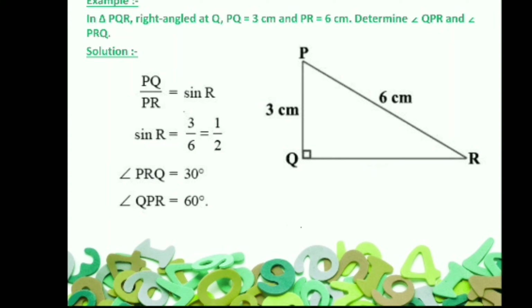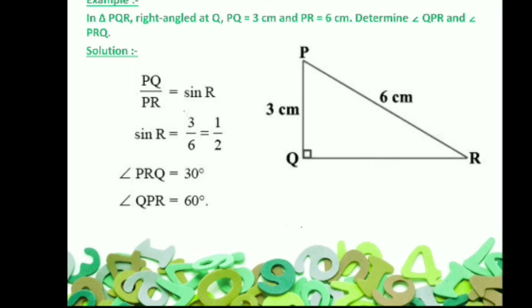Perpendicular PQ and hypotenuse PR. What is the relation between perpendicular and hypotenuse? That is sine theta or cosec theta. You can take either sine or cosec, because both represent the relation between perpendicular and hypotenuse. So we are taking sine here.